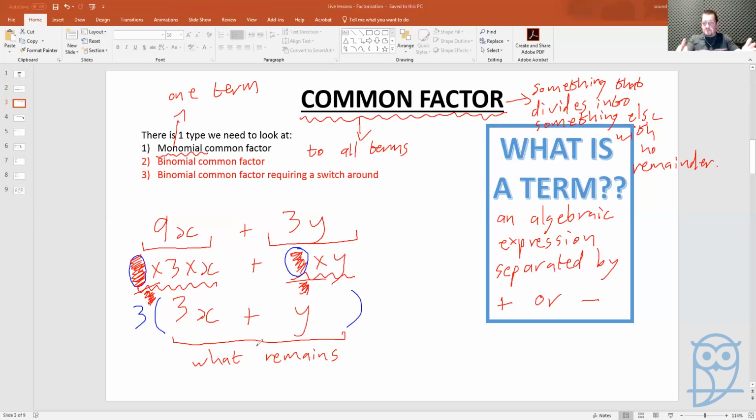So this is me telling you, this is what you do. How do you know if I'm right? How do you know that I'm not completely misleading you? Well, another very important thing to realize about taking out a common factor is that this is the opposite process of the distributive law.